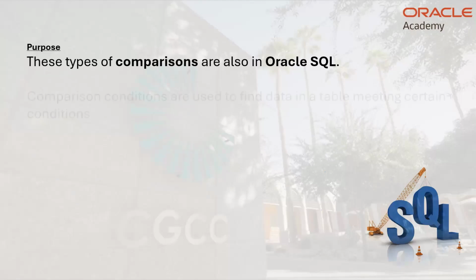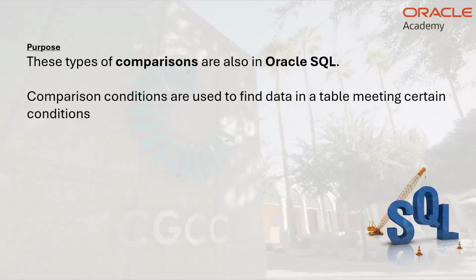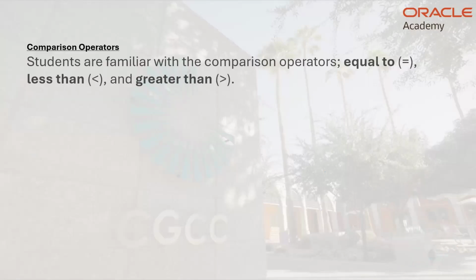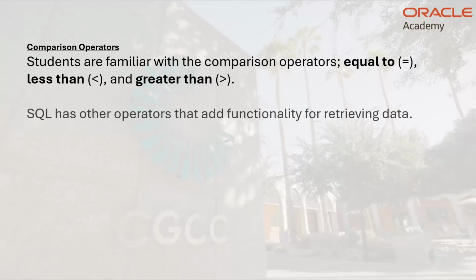So these types of comparison in Oracle, the in, the between, the like, will definitely help. Comparison conditions are used to find data in tables meeting certain conditions, so building a select statement to return specific data is a powerful feature of any database. So we have these specific comparison operators, the main ones being less than, greater than, and equal.